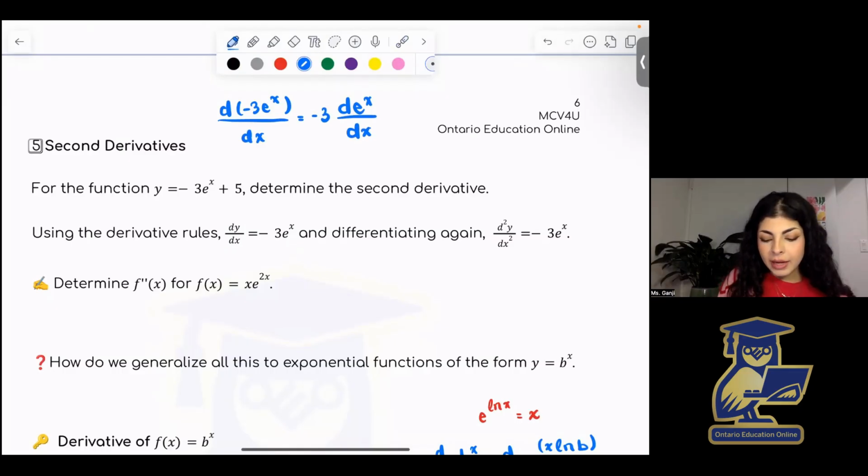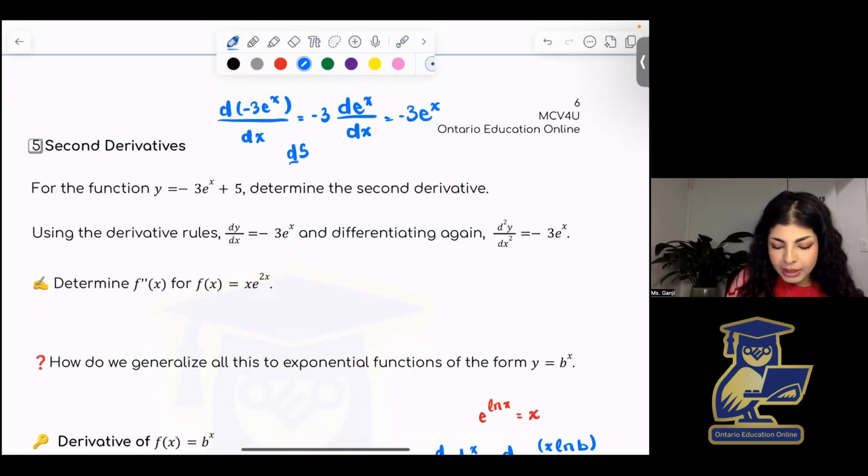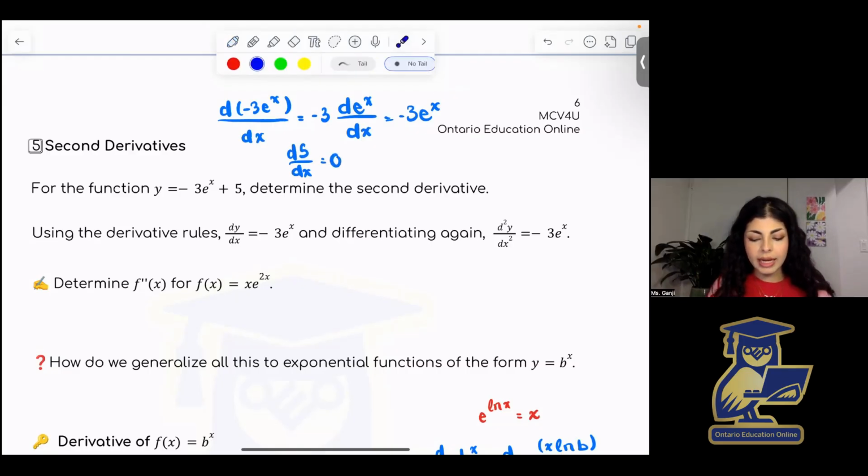And we know that this derivative itself is just equal to e to the power of x. And we also know that d5 by dx, because it's a constant, is just 0. So then we're just left with that negative 3 e to the power of x term.